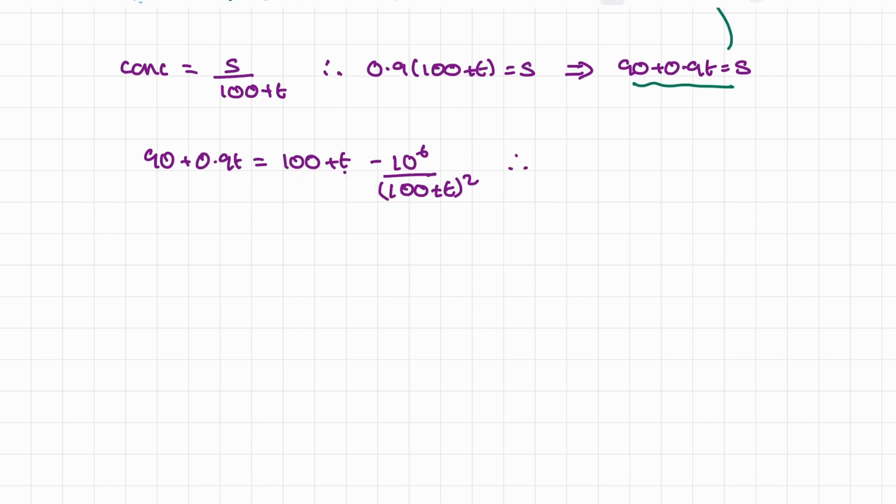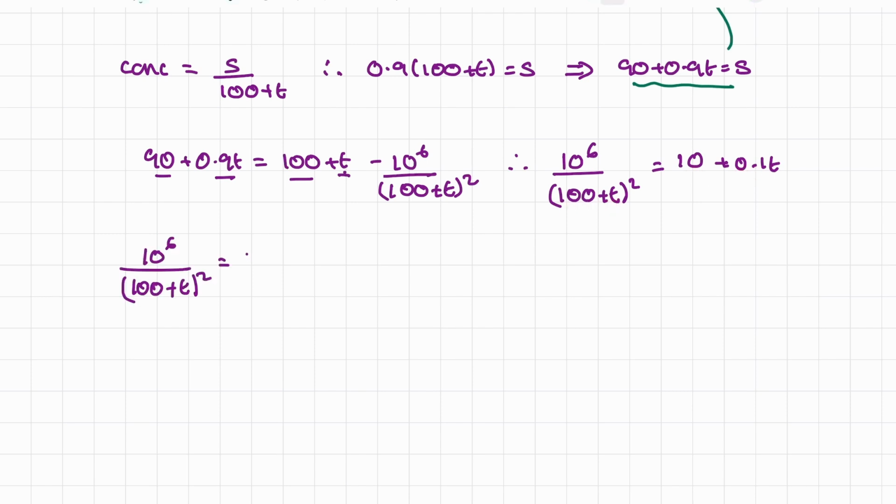So therefore, we get 10 to the 6 over (100 + t)² will equal the 100 minus the 90 and the 1 minus the 0.9. And then you can see that we can factor out the 0.1 on this side, so we have an expression looking like this. So we'll have 0.1 multiplied by (100 + t).